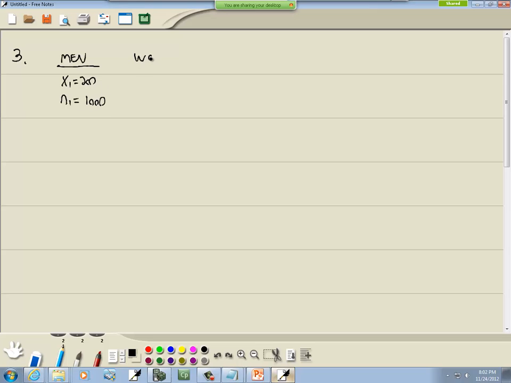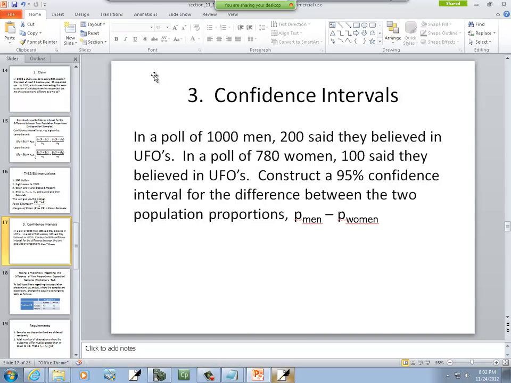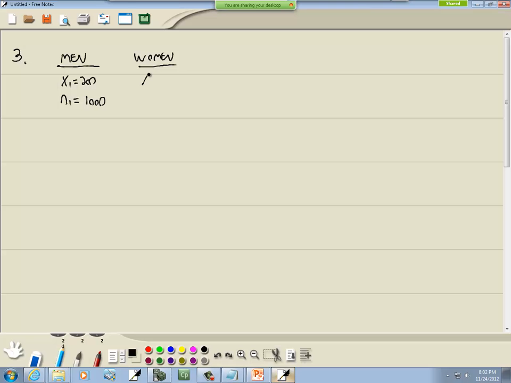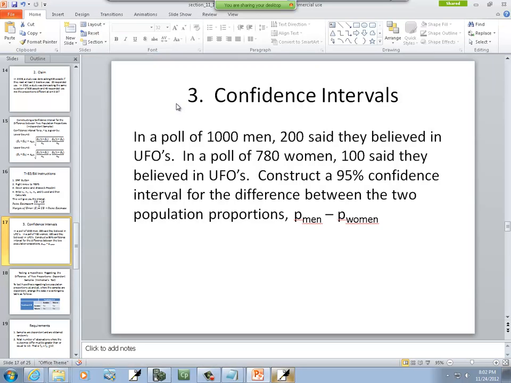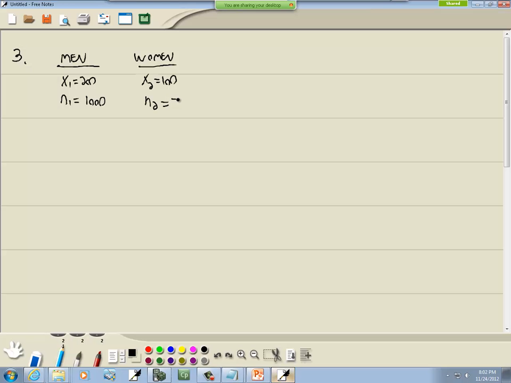And for women, I got X2 is 100, and N2 is equal to 780. I'll write that 200 a little bit neater.